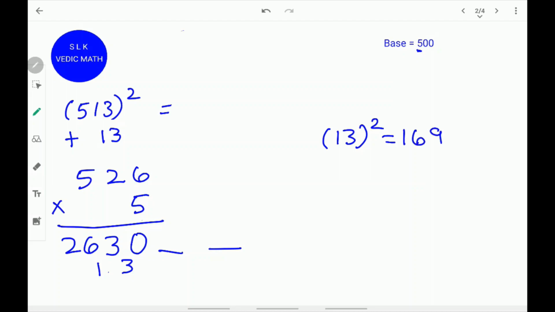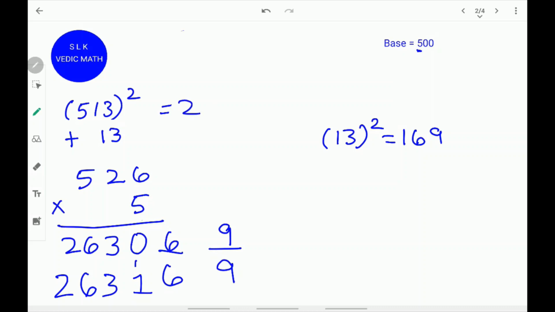Since there's only supposed to be 2 digits, we carry the 1 and write down the 6 and 9. We write the 9 as it is. 6, 0 plus 1 is 1. Next, write down the 3, 6, 2. So, 513 square is 263,169.